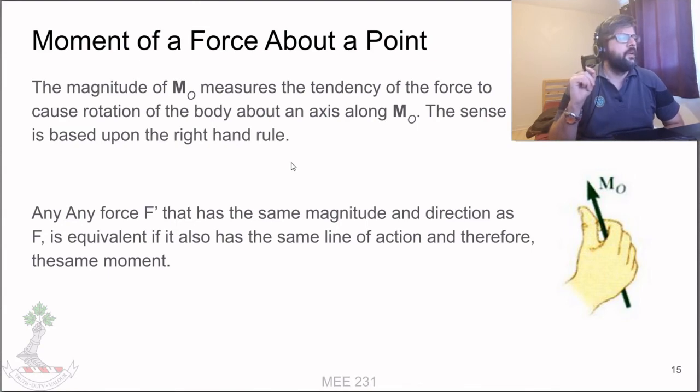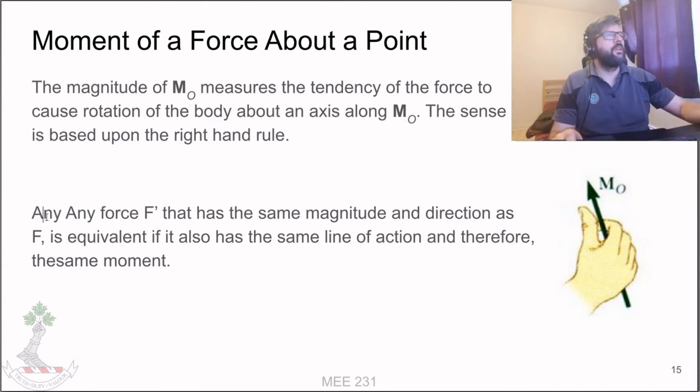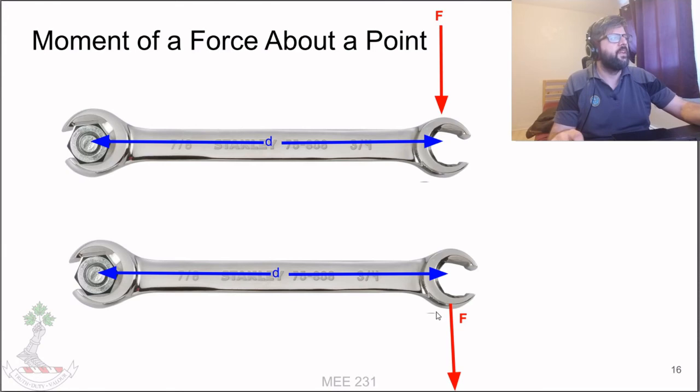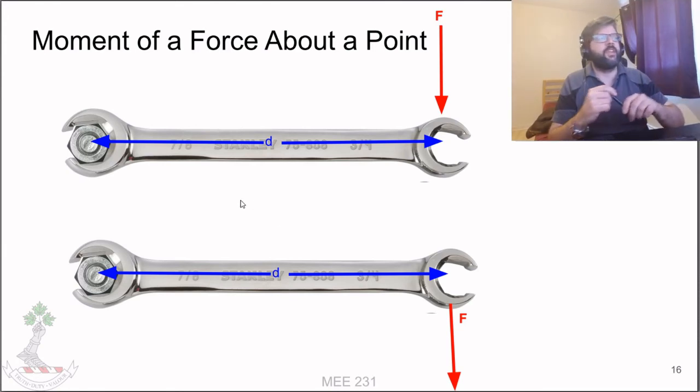So this point here is key. Any force that has the same magnitude and direction as another force is going to be equivalent if it has the same line of action, and therefore it also has the same moment. So when we go back to our wrench example, if we push on the wrench from one side, it's going to generate a certain amount of moment that's going to cause this thing to want to rotate.